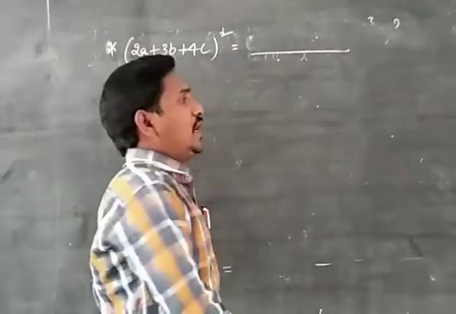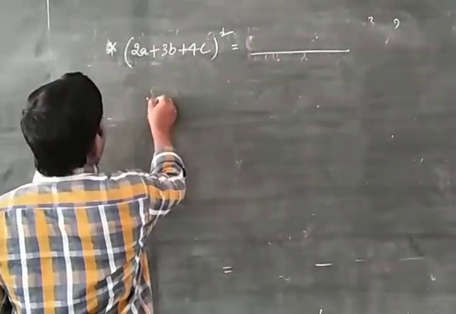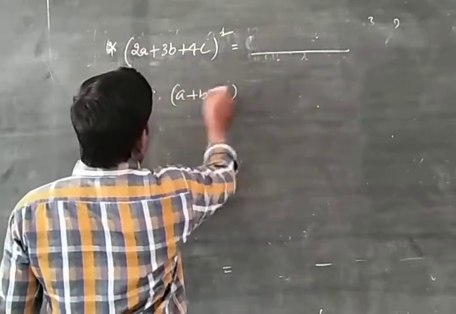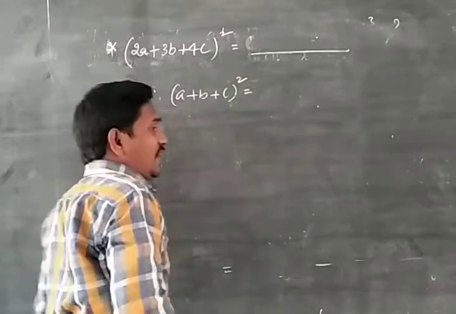This is the problem. Okay, you have a formula a plus b plus c whole square. What is the formula we have?